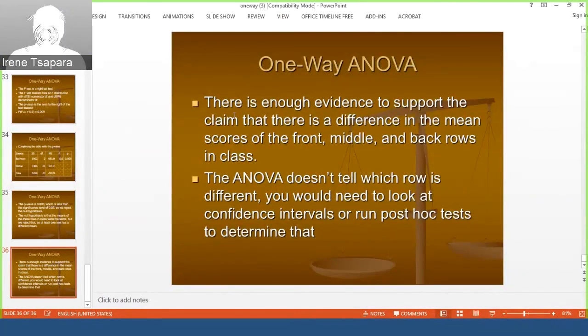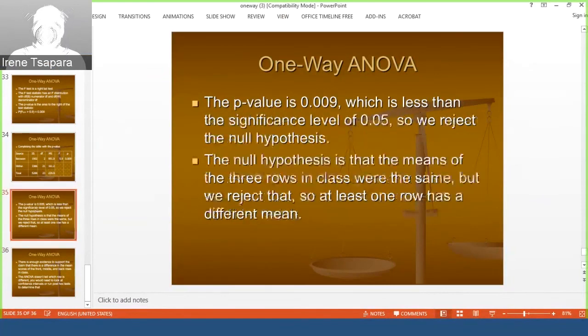What does this mean, then, for our problem? That there is enough evidence to support the claim that there is a difference in the mean scores of the front, middle, and back rows in the class. Why? Okay, let's go back. What did we do? We reject the null hypothesis. What was the null hypothesis? That all the populations, front, middle, and back rows, have the same mean.